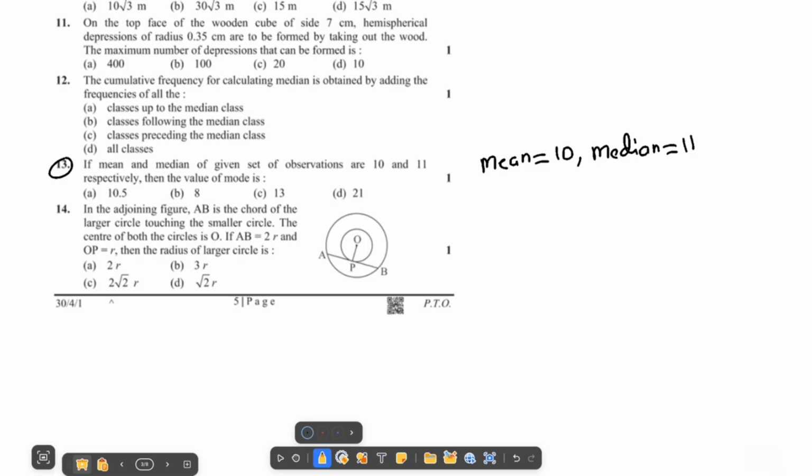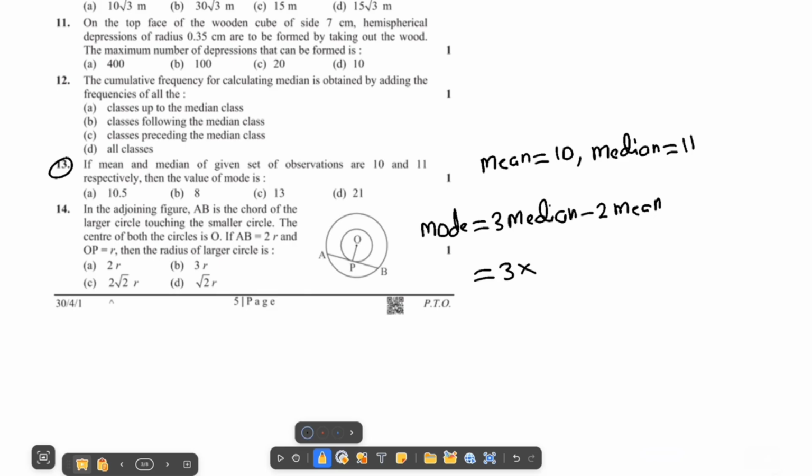So what is the relation between these three things? The relation is already given. Mode is equal to 3 median minus 2 mean.